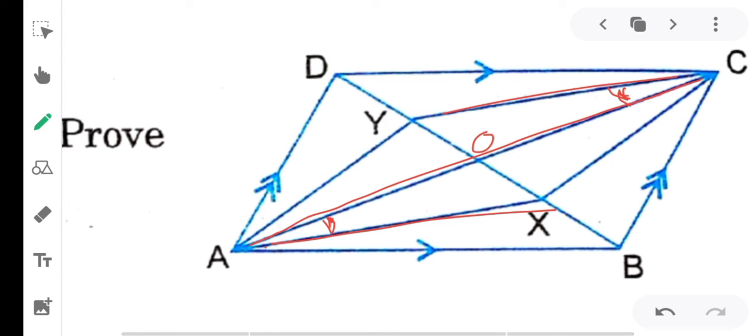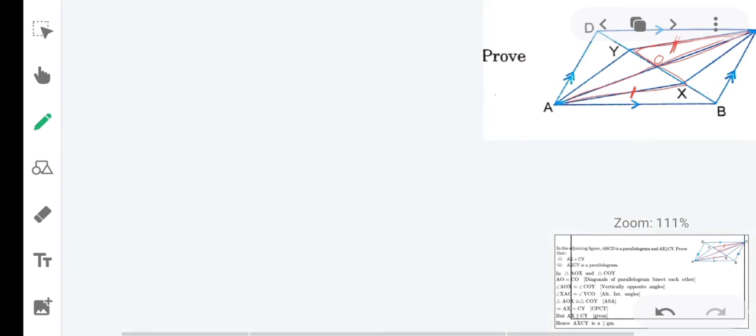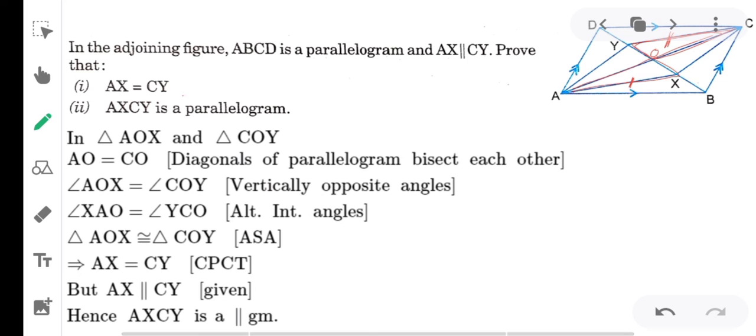Now these two triangles, triangle AXO and triangle CYO, are congruent, right? So we can write YC equals AX by congruency. Clear? So the first proof is AX equals CY.